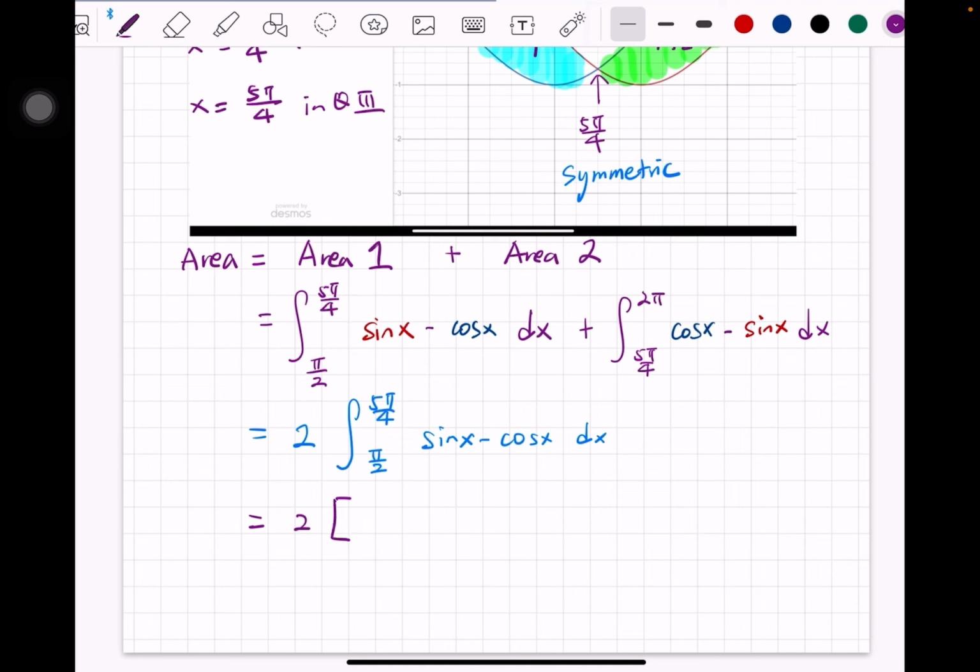So the antiderivative of sine is negative cosine, and the antiderivative of cosine is sine. And then we're going to evaluate it from pi over 2 to 5 pi over 4.